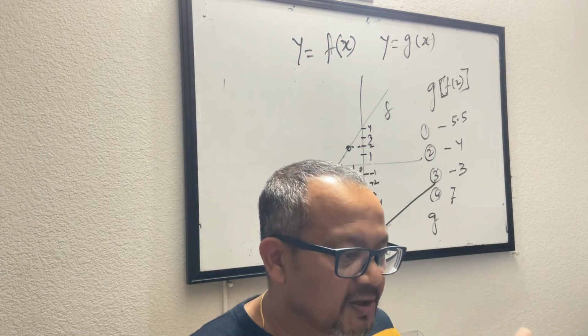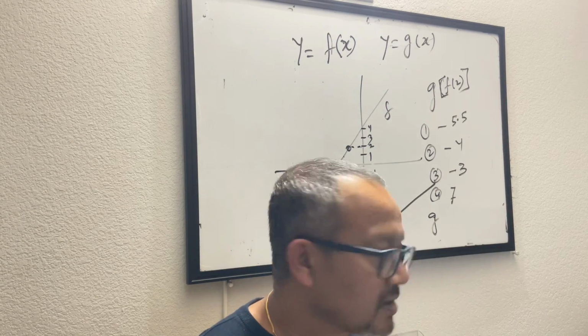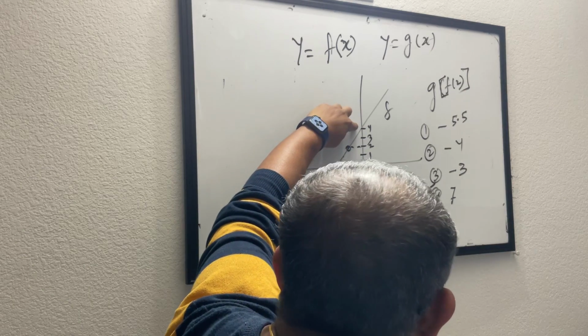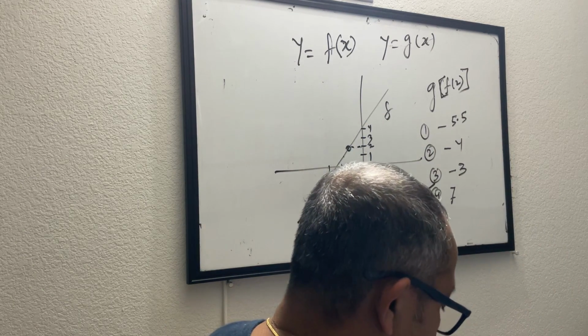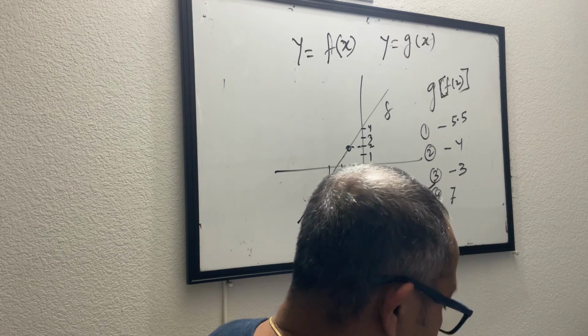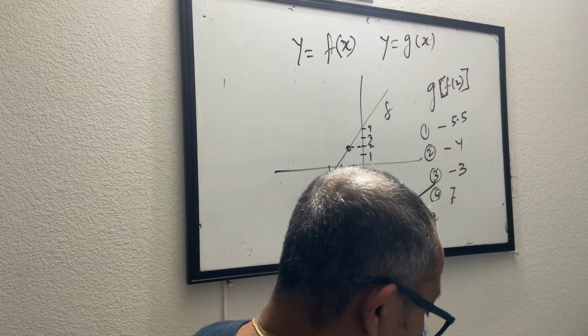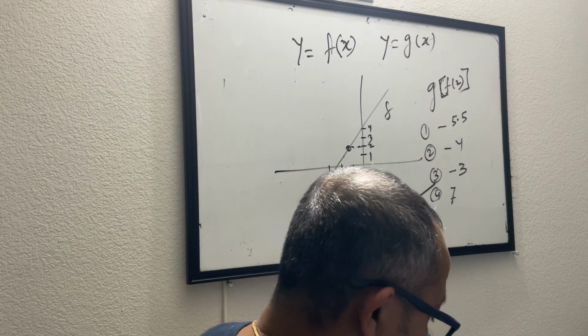Samriddhi, do you want to explain how you got to C? I looked at the image you sent in the group of the graph, and I saw that when f is 2, the y-intercept is 7, and since you're plugging that into g, I put g of 7, and g of 7 is equal to -3.